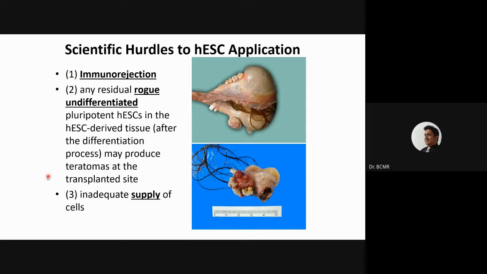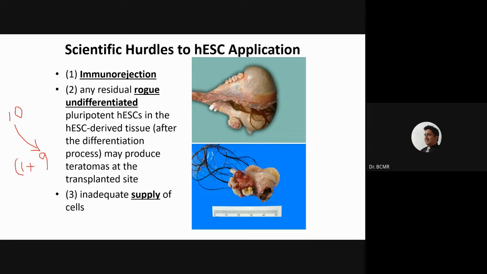The second problem is, say for example, I can't draw, but say I had 10 embryonic stem cells, and I tried to differentiate them into neurons, out of which 9 of the cells have differentiated into neurons, and one has not differentiated into a neuron.